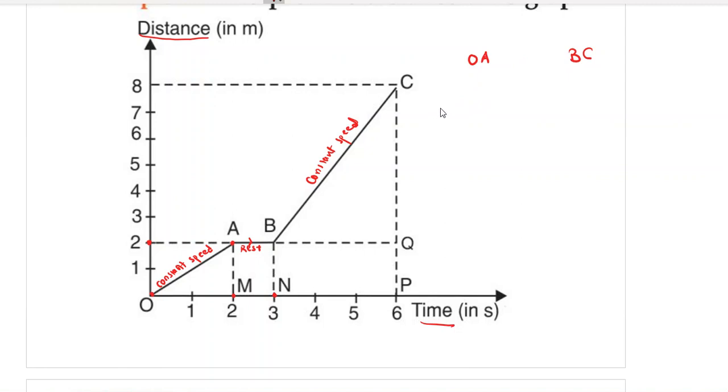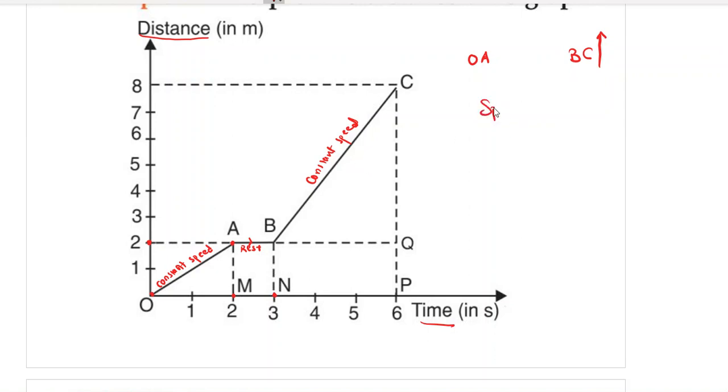Now just by looking at the graph, which slope looks more than the other, BC slope or OA slope? That question you should ask yourself. किसका स्लोप ज्यादा है, OA का या BC का? Of course BC's slope is more. So BC's slope is more, that's why BC's speed is more. So here the speed is higher.